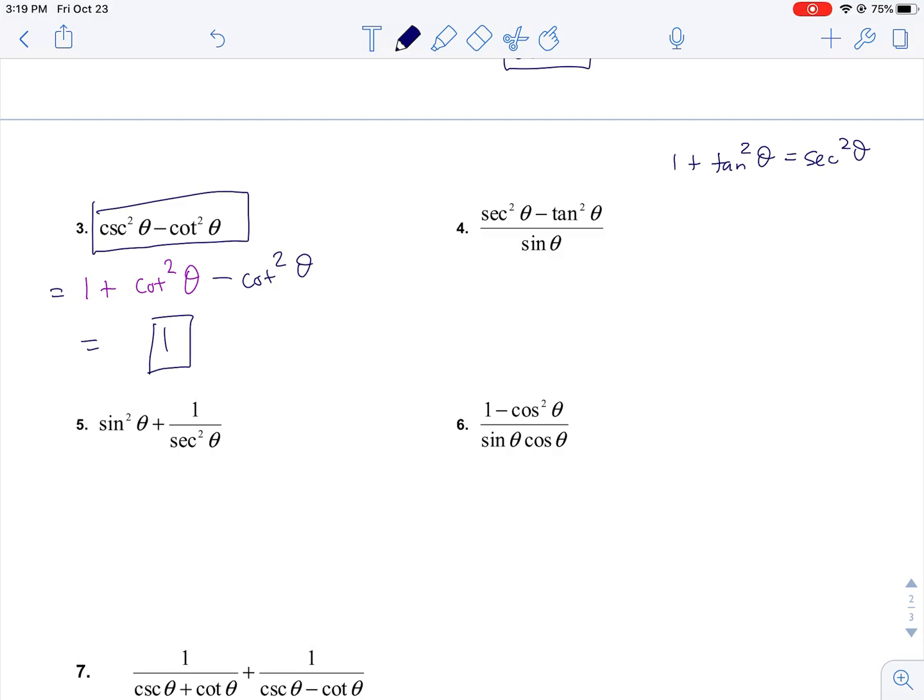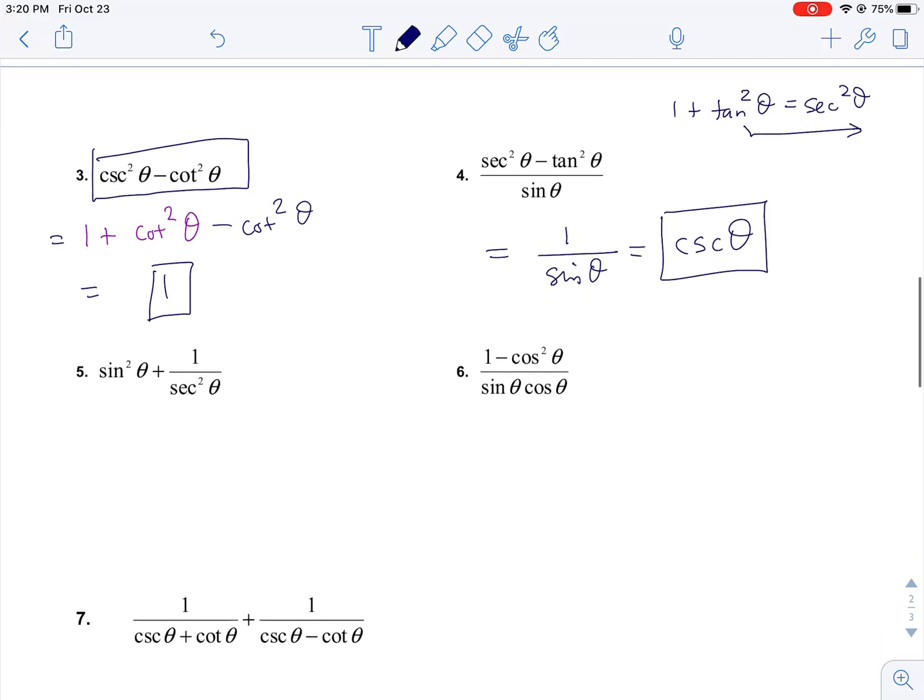I can replace secant squared with 1 plus tangent squared, or I could just realize that if you bring tangent squared over, secant squared minus tangent squared just equals 1. And what am I left with? 1 divided by sine, the reciprocal of sine. That's cosecant theta. So it is pretty neat that all this stuff relates back.